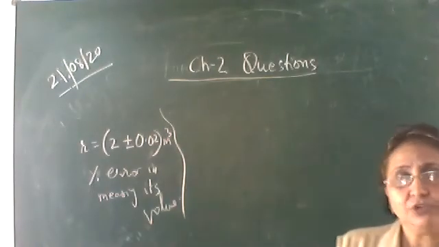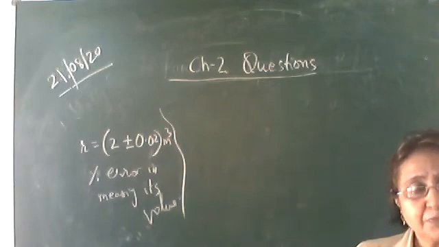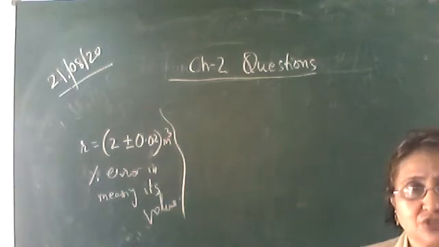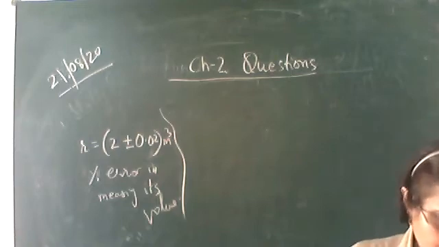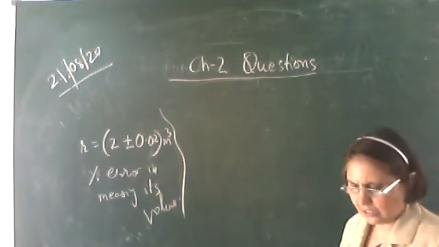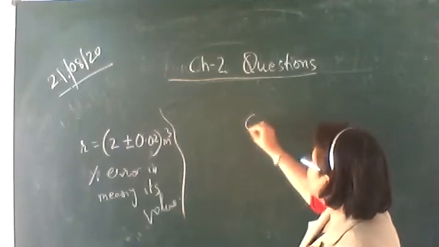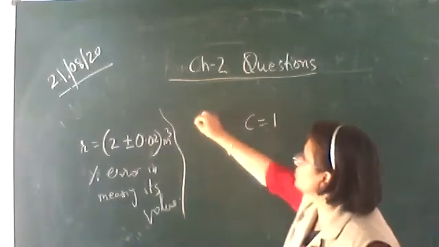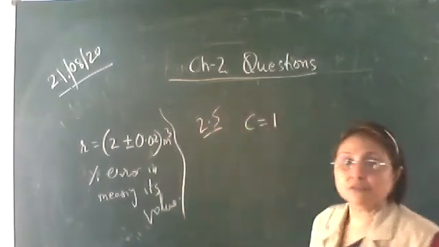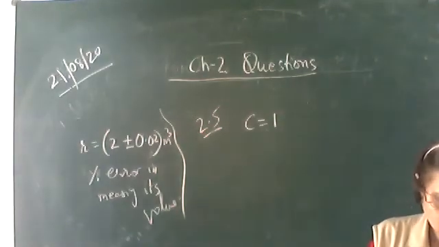Otherwise we know that in SI system, the speed of light is 3 into 10 raised to the power 8 meter per second. But according to this new system, it is given that the speed of light is unity. That is c is equal to 1.